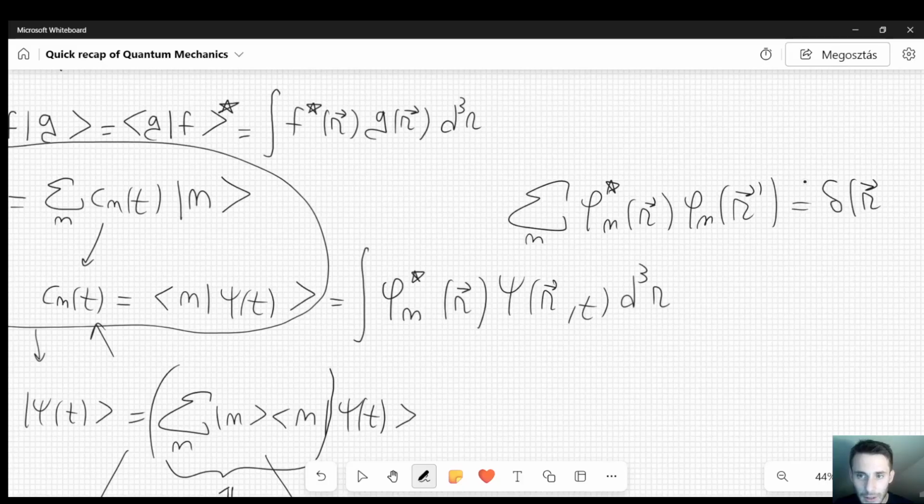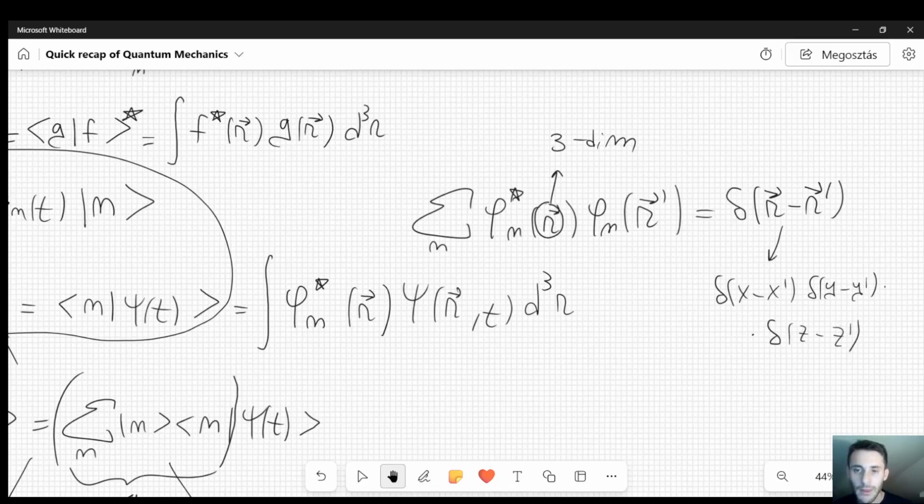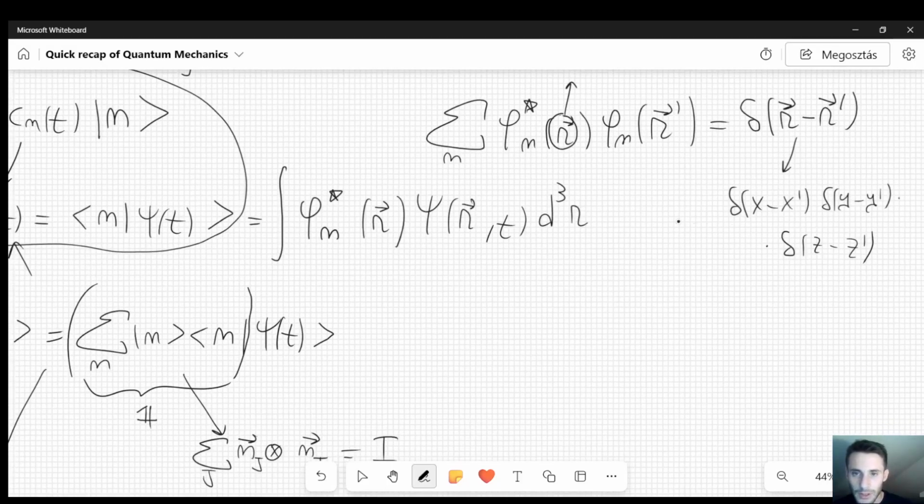So if, for example, r is in a three-dimensional space, the Dirac delta would be a three-dimensional Dirac delta of r minus r prime, and this would be given by the Dirac delta of x minus x prime times delta of y minus y prime times the delta of z minus z prime, like this. So there is also this fundamental relation.